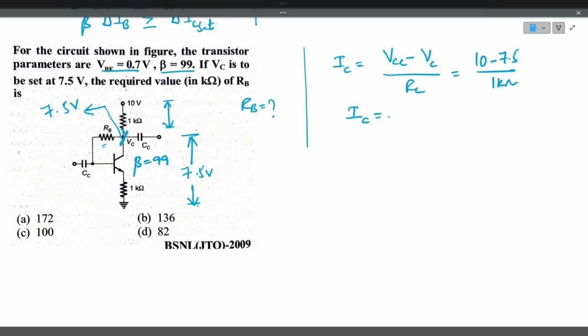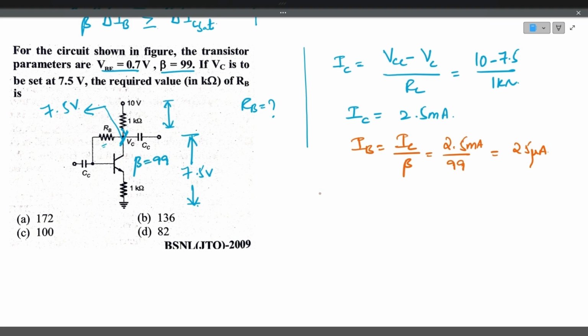So collector current is equal to 2.5 milliamps. Now the base current is nothing but the collector current divided by beta. That is 2.5 milliamps divided by 99, which is approximately 25 microamperes.